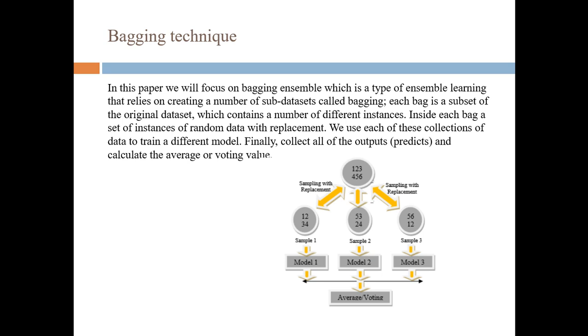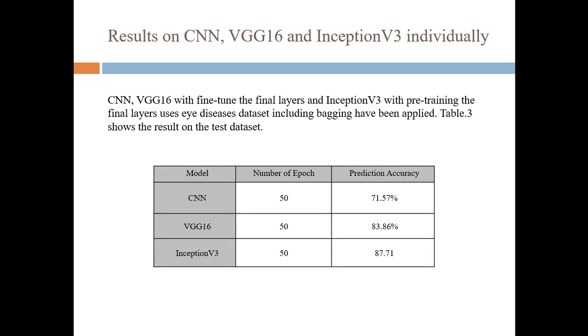Usually we take 60% of our data for each bag, with replacement. We use each of these collections of data to train a different model. Finally, we collect all the outputs and calculate the average or voting value.